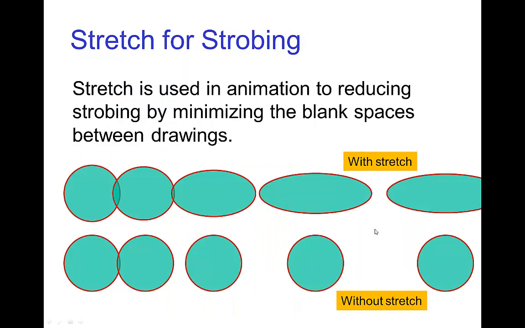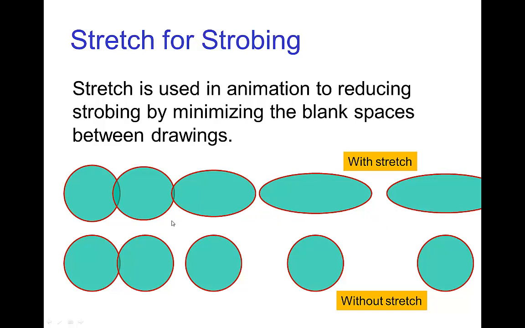So, in animation, especially in traditional hand-drawn, but even in CG and stop motion, stretch is used when the action is quick in order to reduce this unwanted strobing. The reason that stretch helps is that it helps to guide the brain as to what it's seeing by minimizing the gap between the positions from frame to frame.